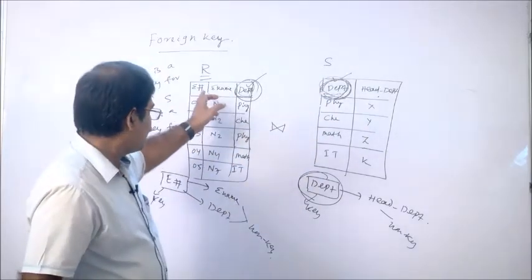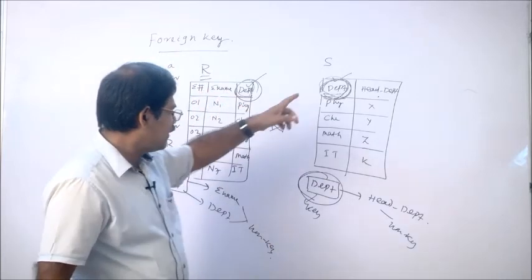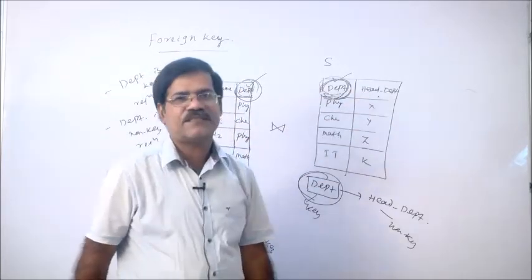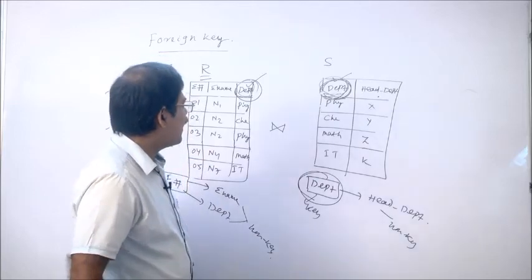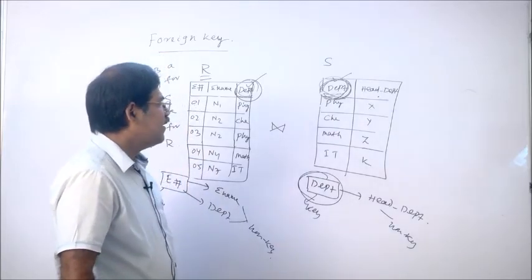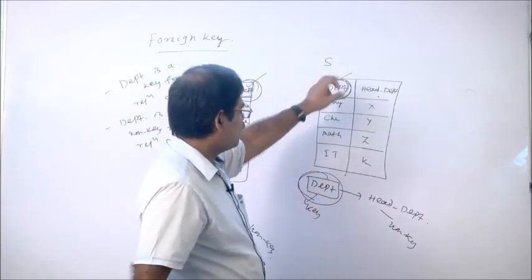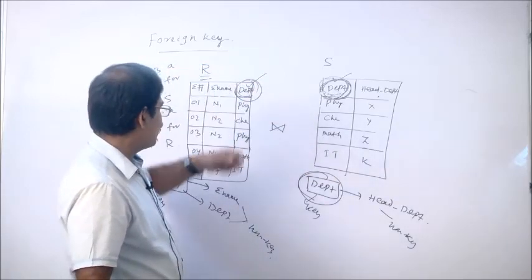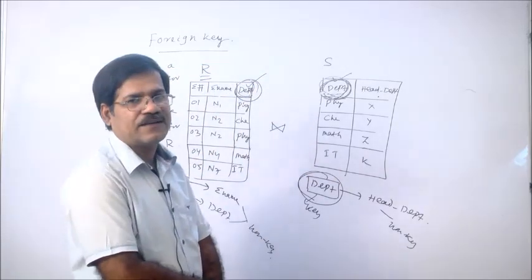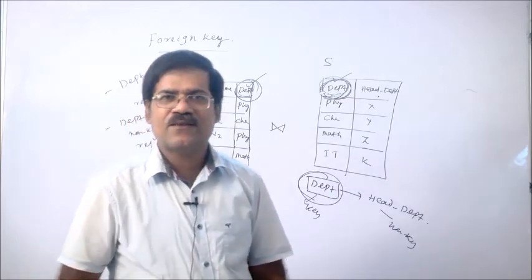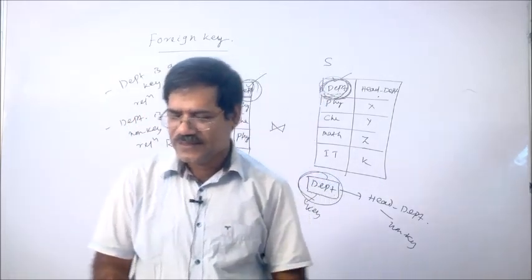Here the employee number, name and department are present in one, and department and head of the department in the other. So R and S are related, and the department field is a key for the S table and a non-key for the relation R. So the department is called a foreign key.